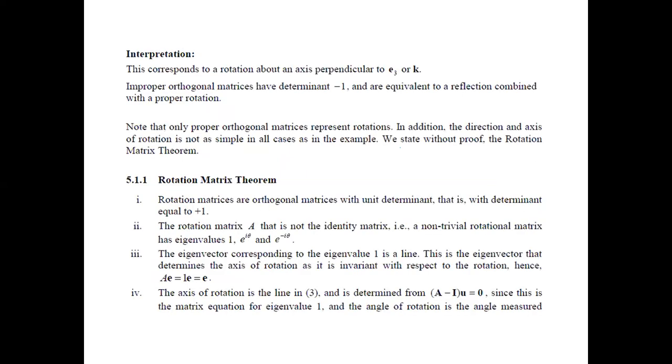It's AC plus BD. Okay, A squared plus B squared equals 1. Or let's say AD minus BC equals 1. That is 517, what we're referring to as 3 now.